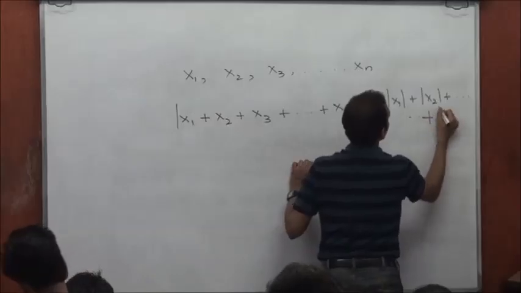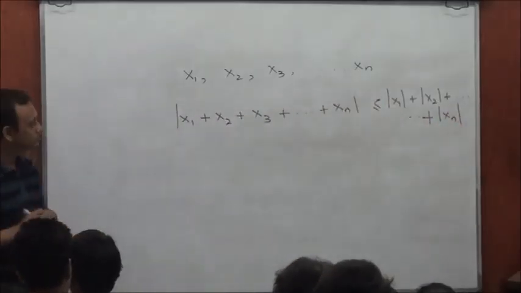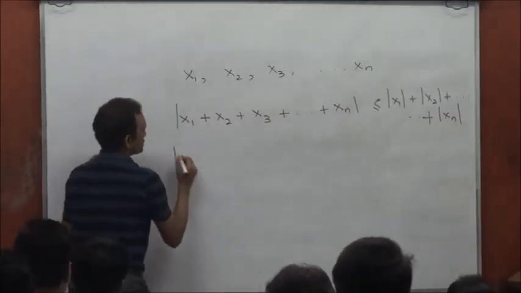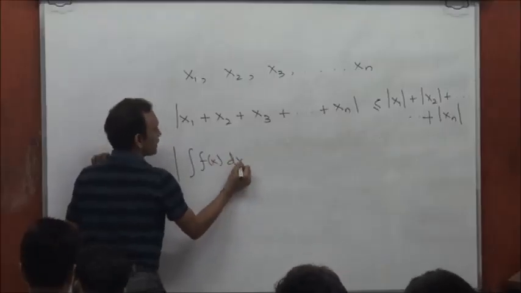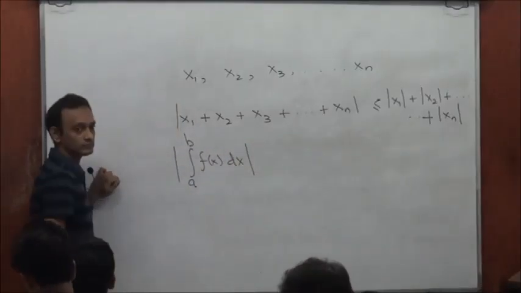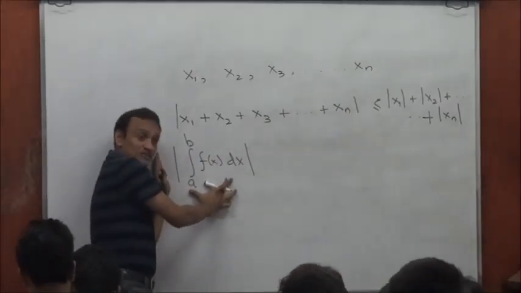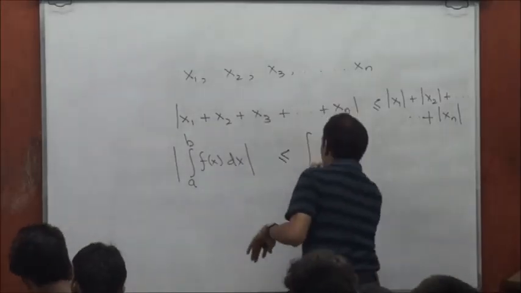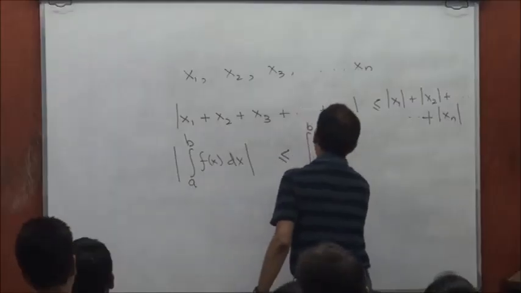Now, extending this concept to integration, the modulus of the integral f(x) dx from a to b, which is the modulus of a sum, will always be less than or equal to the integral of the modulus of f(x), which is the sum of the moduli.